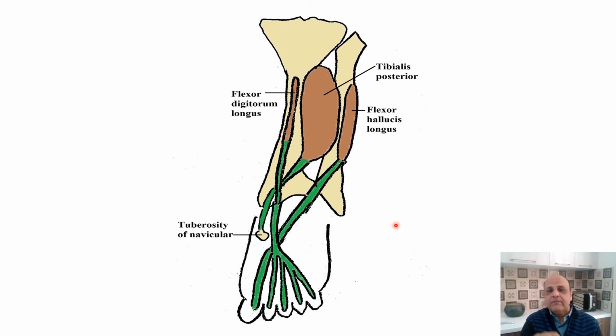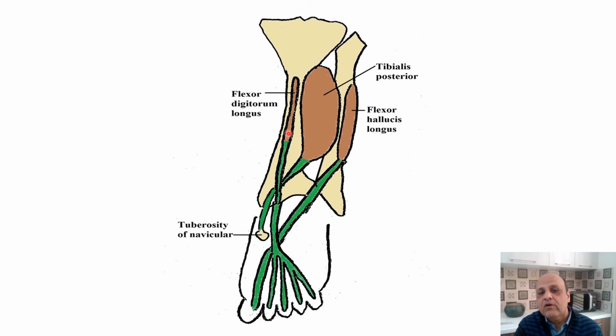Now this is showing the muscles of the intermediate part of the posterior compartment, that is the flexor digitorum and flexor hallucis longus, and also the muscle of the deepest part of the posterior compartment, tibialis posterior. Now just look at the arrangement of muscles here. The flexor hallucis longus is going to the thumb, but it is arising from the lateral bone, posterior surface of fibula.